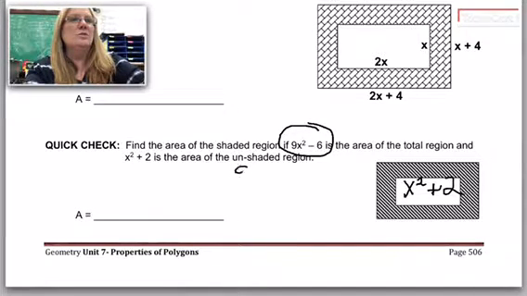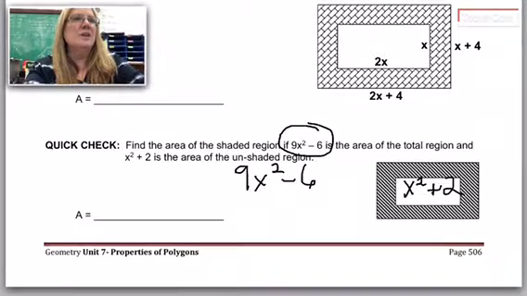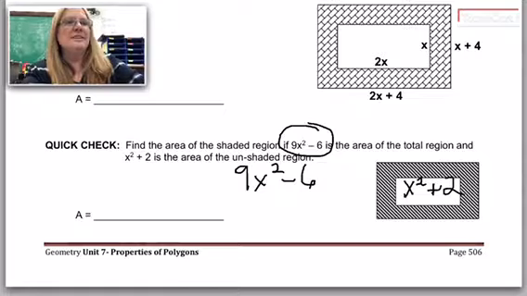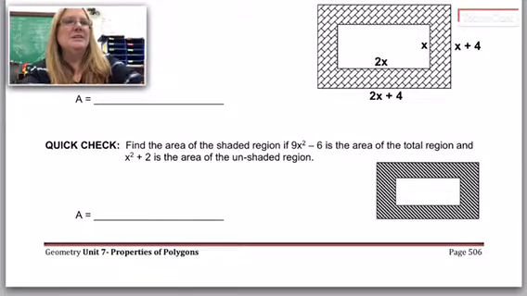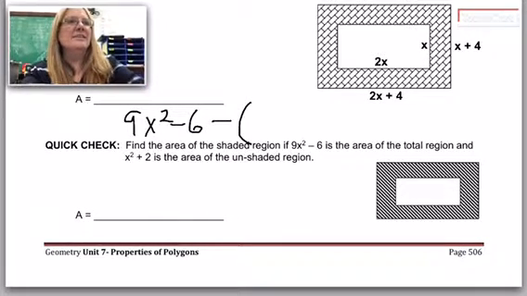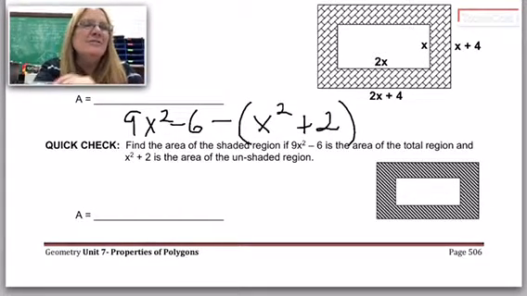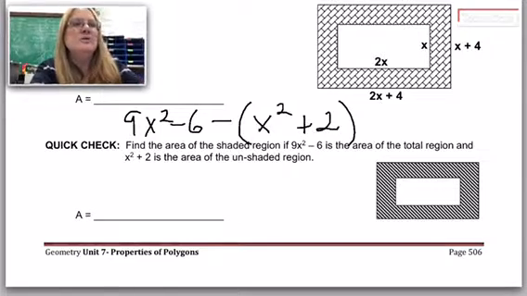Okay, so the total region is 9x squared minus 6, but we have to subtract from that. Let me clean this up a little bit again because I need a little room. We have 9x squared minus 6, but we need to subtract x squared plus 2. So this negative is going to have to be distributed.